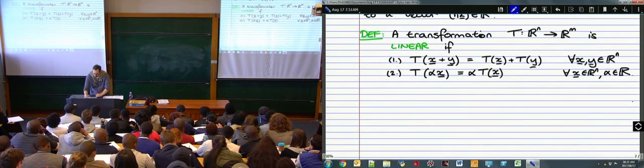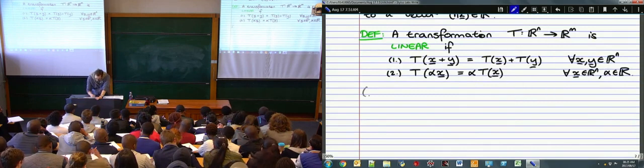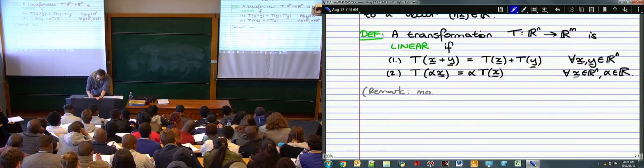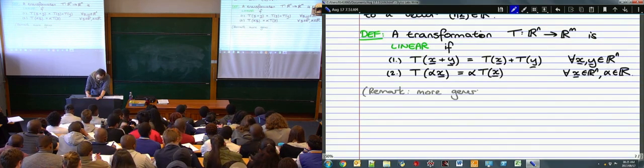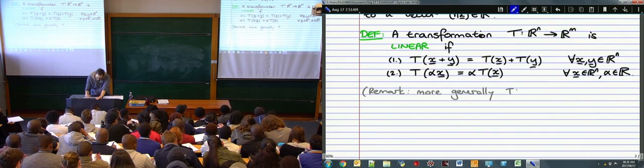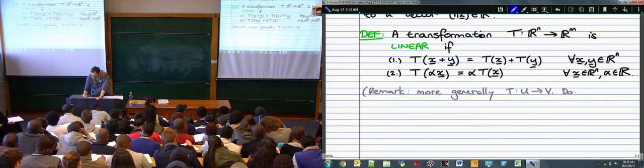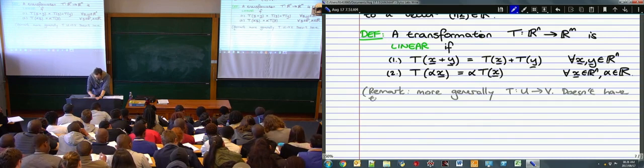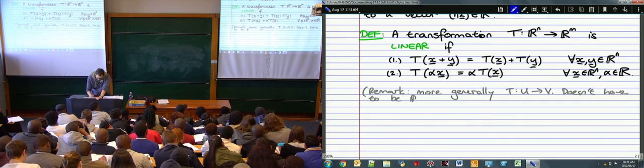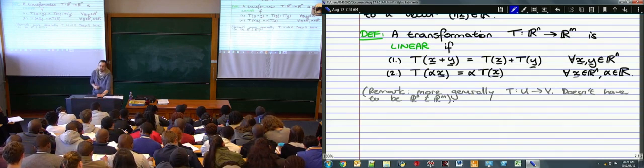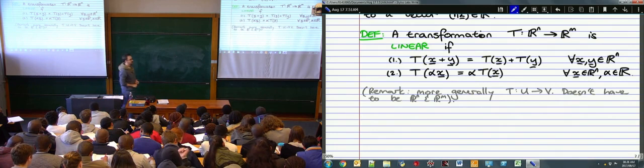Let me actually just make a remark over here. More generally, we could have T from some vector space U into some other arbitrary vector space V. It doesn't have to be Rn and Rm that we work with.